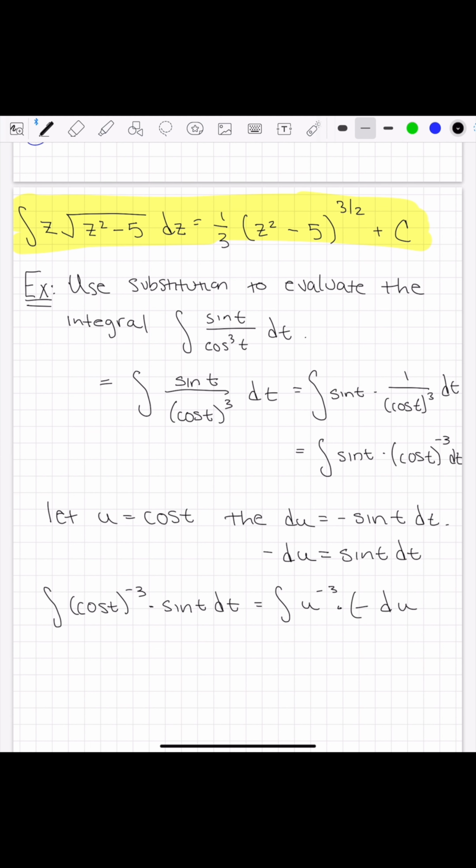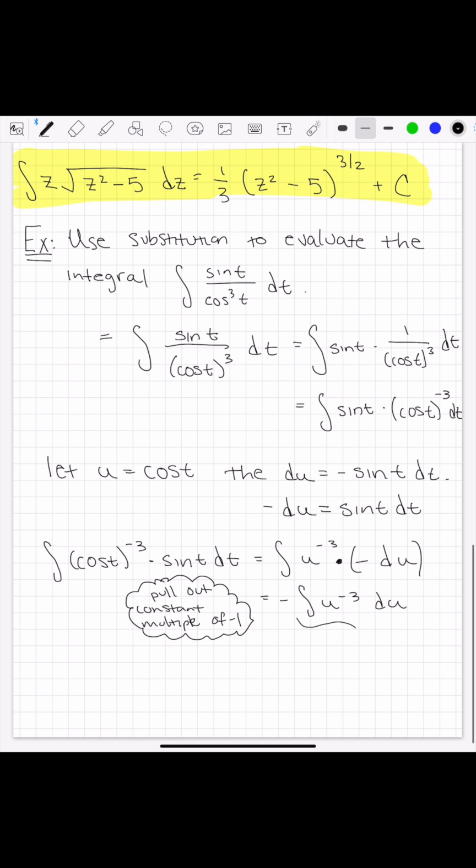But remember, this is not subtraction, this is multiplication by a negative. There's an imaginary 1 here, so if we're multiplying by -1, we can just pull that out to the front. So I'm going to pull out that constant multiple of -1, out of the integral, and just keep it right up front.